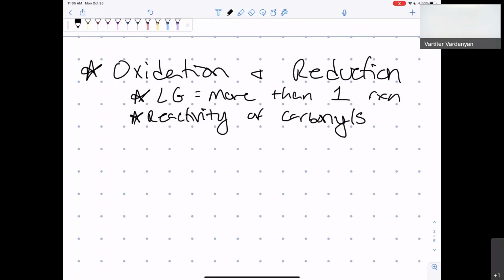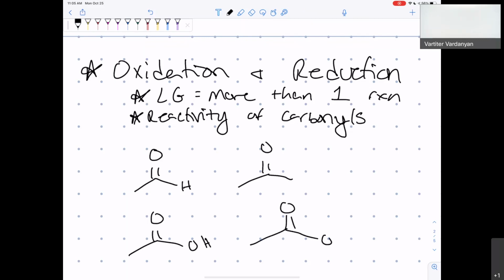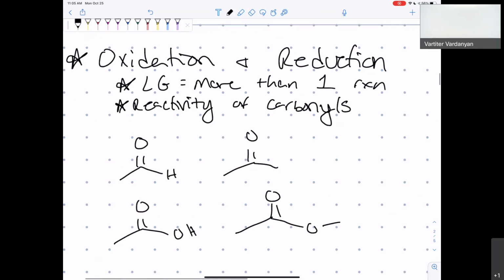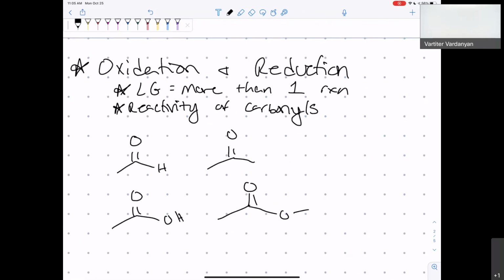When we're talking about carbonyls, we have aldehydes, ketones, what else? Carboxylic acid, esters, and what's the last one that we learned about? It's like an ester, but with a different heteroatom. Amide, cool.